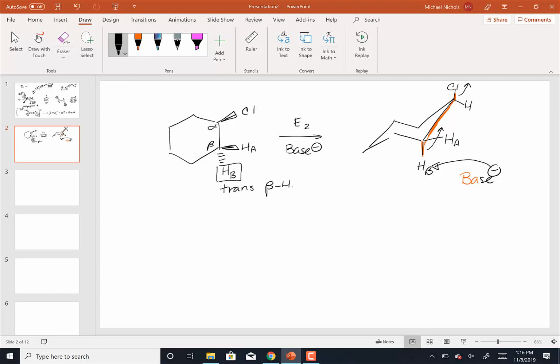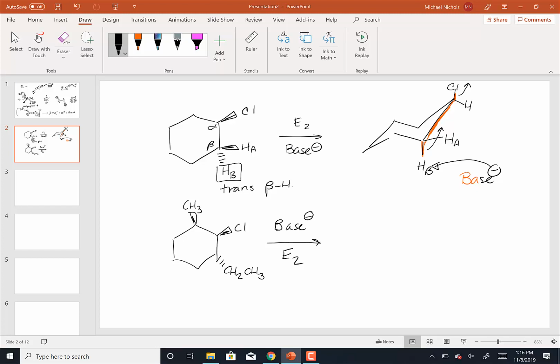So what that means is that if I said, what's the major product if I react this alkyl halide in an E2 reaction, where does the double bond go?